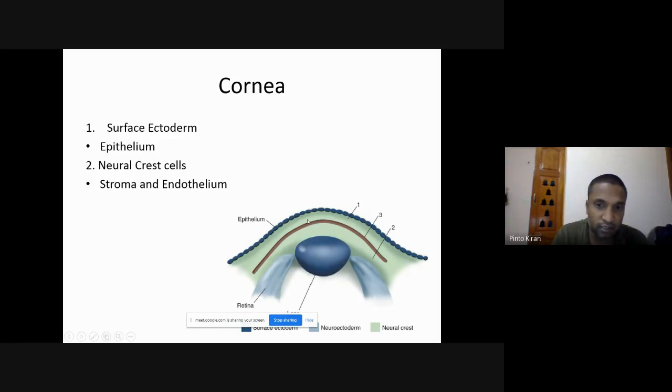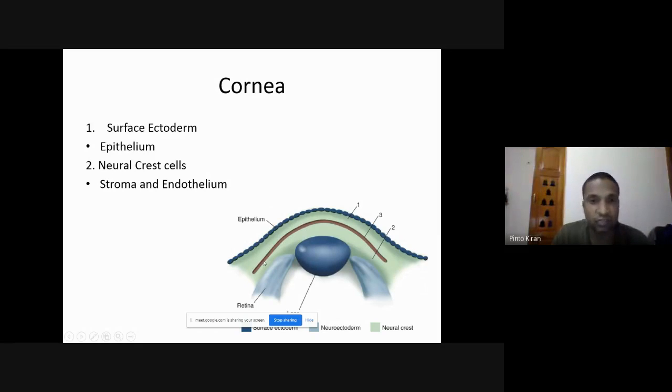The corneal stroma and the endothelium arise from the neural crest cells. This you have to remember. The cornea has two parts: the epithelium arises from the surface ectoderm, and the stroma and the endothelium arise from the neural crest cells.